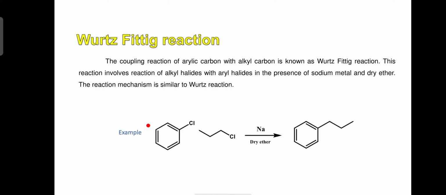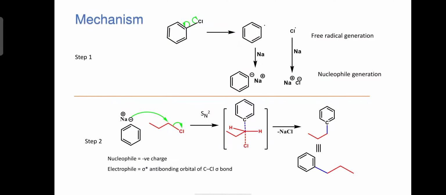So the mechanism is similar to Wood's reaction, but here the free radical generation will take place from the aryl halide and not from the alkyl halide. So what will happen here? Again, homolytic cleavage of this bond will take place, and one benzene radical will form and one chloro radical. Again, they will react with this sodium atom, and these sodium atoms will donate their outermost electron to these free radicals.